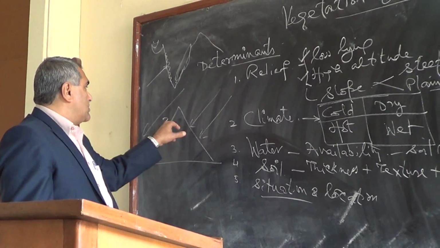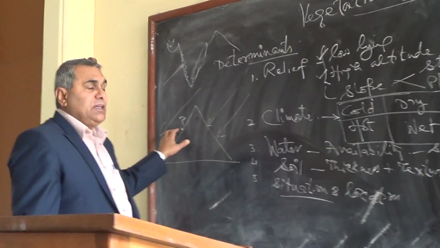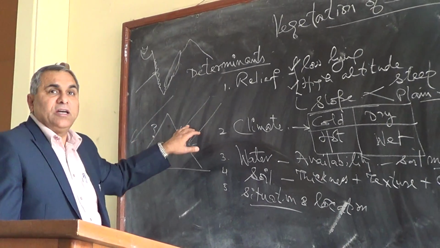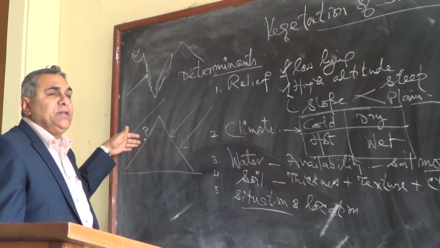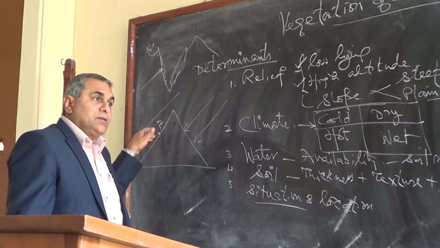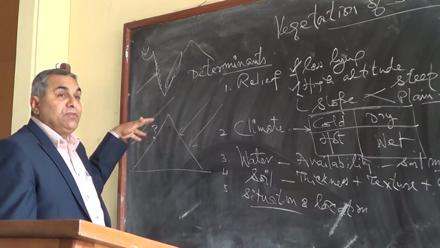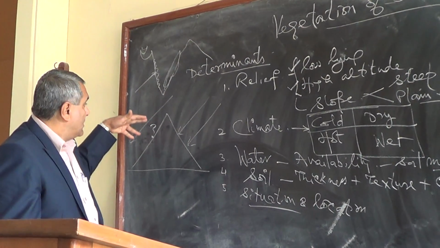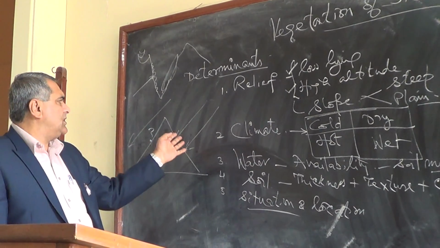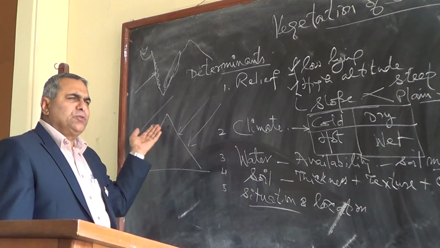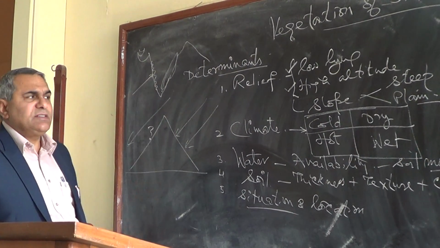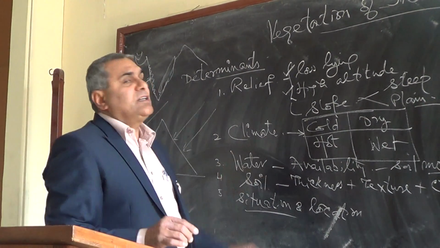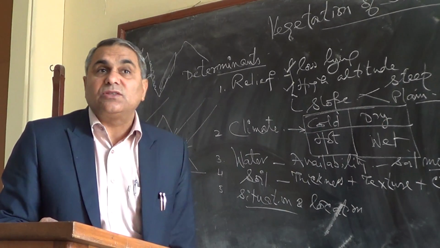Within location, suppose this is the mountain range, this is free from sunlight, this is facing the sunlight. So this can be free from vegetation, they may be having vegetation with dry conditions, or the grasses and the bushes and the herbs are there, and this may be luxuriant vegetation. These are the determinants which determine the nature of vegetation.